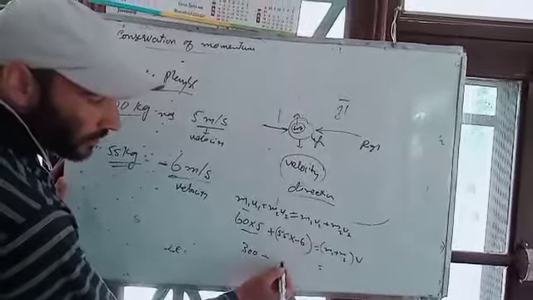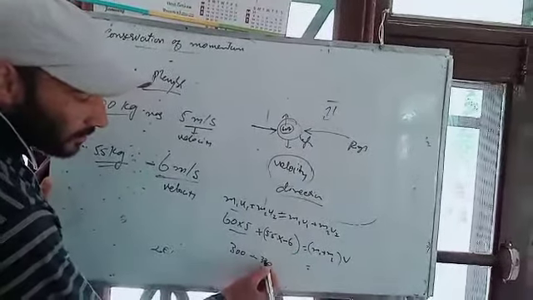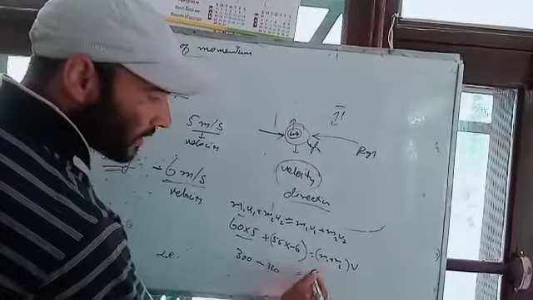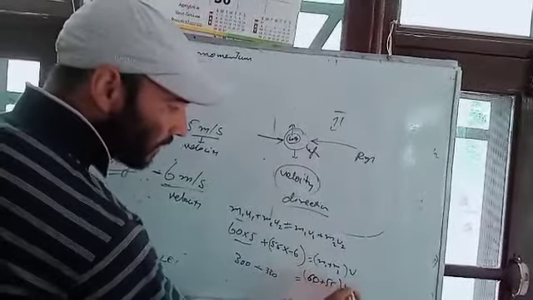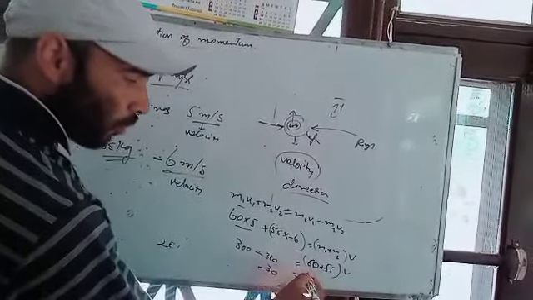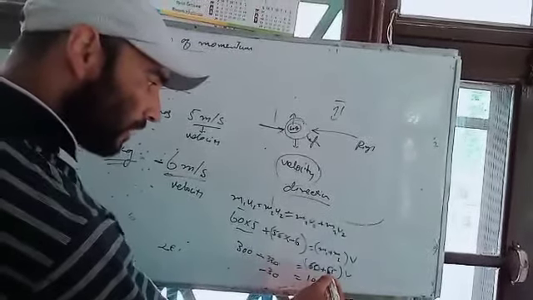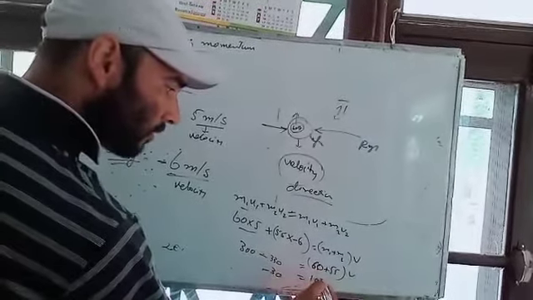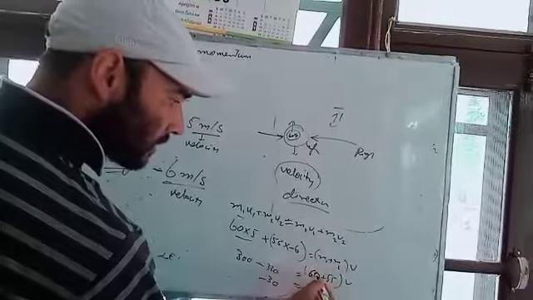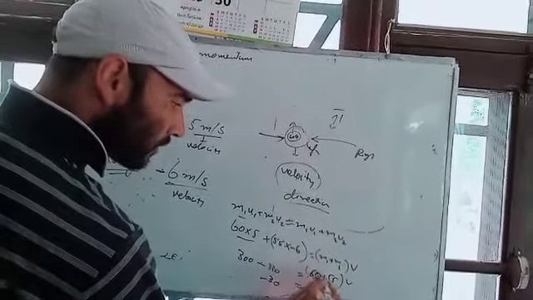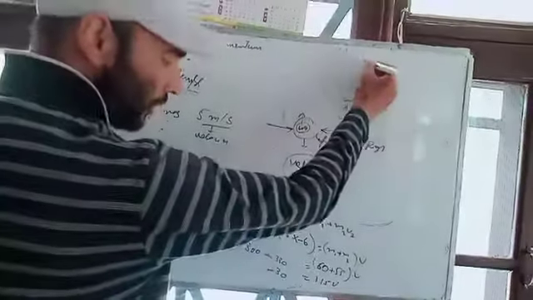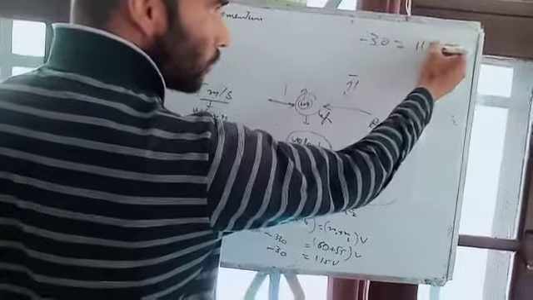That means 55 into 6 is 330. So 300 minus 330, that means minus 30, is equal to m1 plus m2 times v, that means 60 plus 55 v. 60 plus 55 is 115. So minus 30 is equal to 115v.